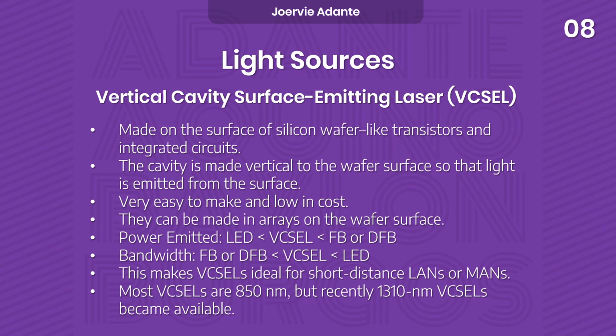Its bandwidth is less than the output of the LED also and has a wider spectrum than either of the FP or DFB laser. This makes VCSELs ideal for short distance LANs or MANs. Most VCSELs are 850 nanometers, but recently 1310 nanometer VCSELs became available.